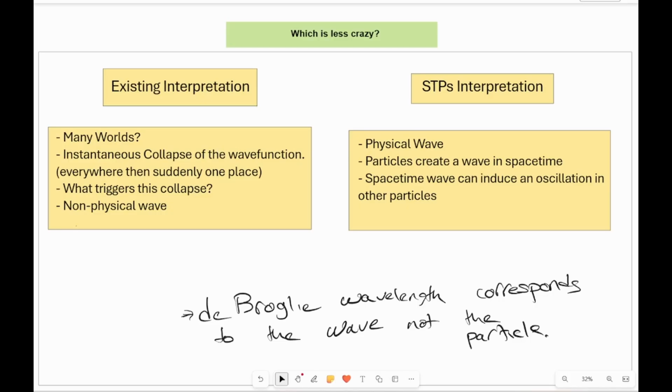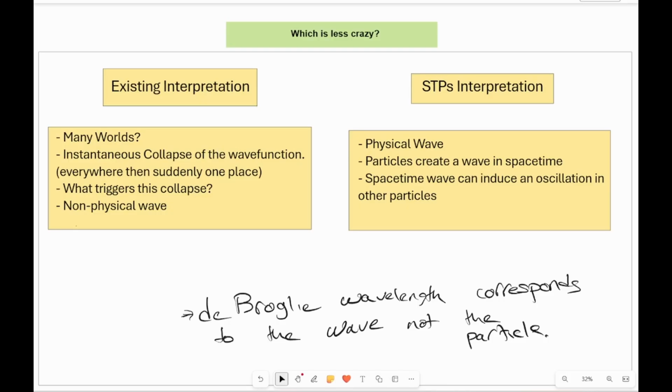However, if we look at this interpretation, we have a physical wave, which oscillates space-time. We know we get gravitational waves, we have electric fields and so on. It's not too unreasonable to assume that the particle could create waves in space-time. An electron creates fields, so why can't it cause little oscillations?